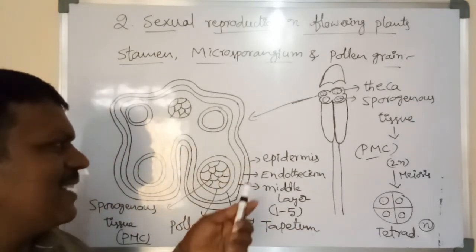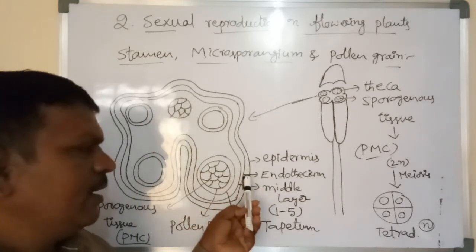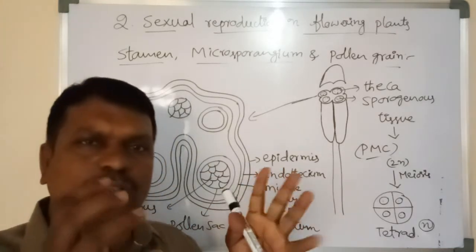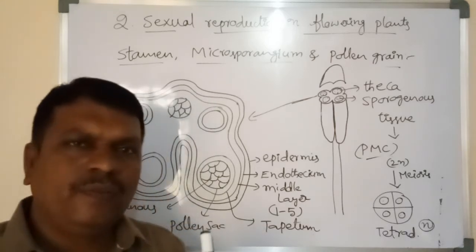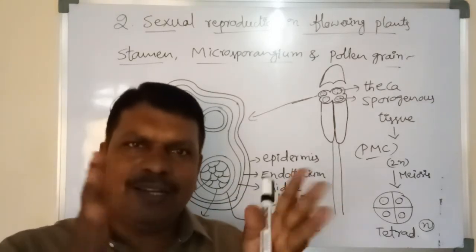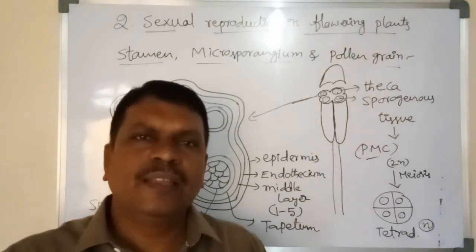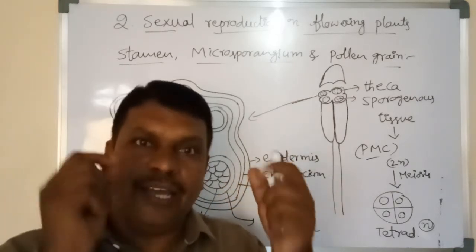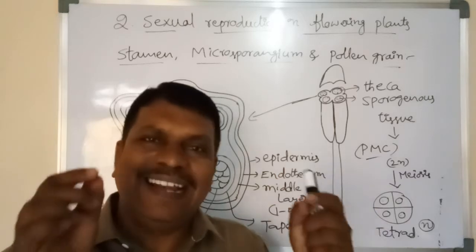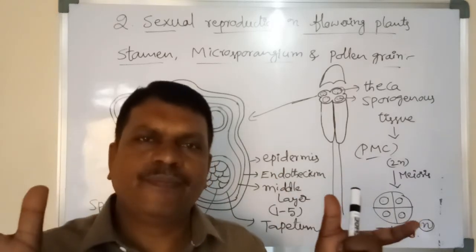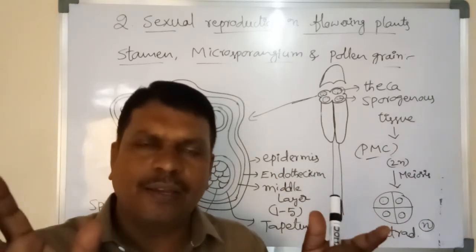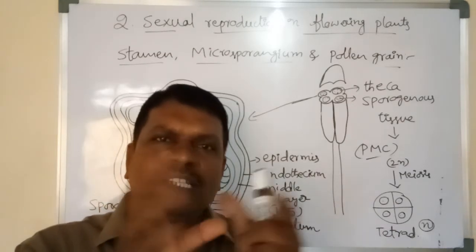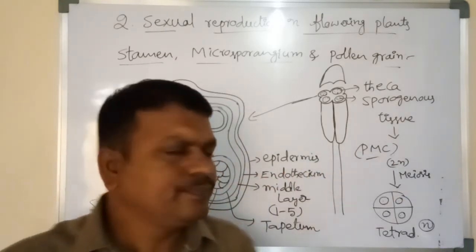Below epidermis, next layer endothecium. Endothecium is hygroscopic in nature, which absorbs water, bulges in size, becomes turgid. Hence, endothecium plays a crucial role in anther dehiscence. Dehisce means rupture or break. Thereby, all pollen disperse into surroundings.